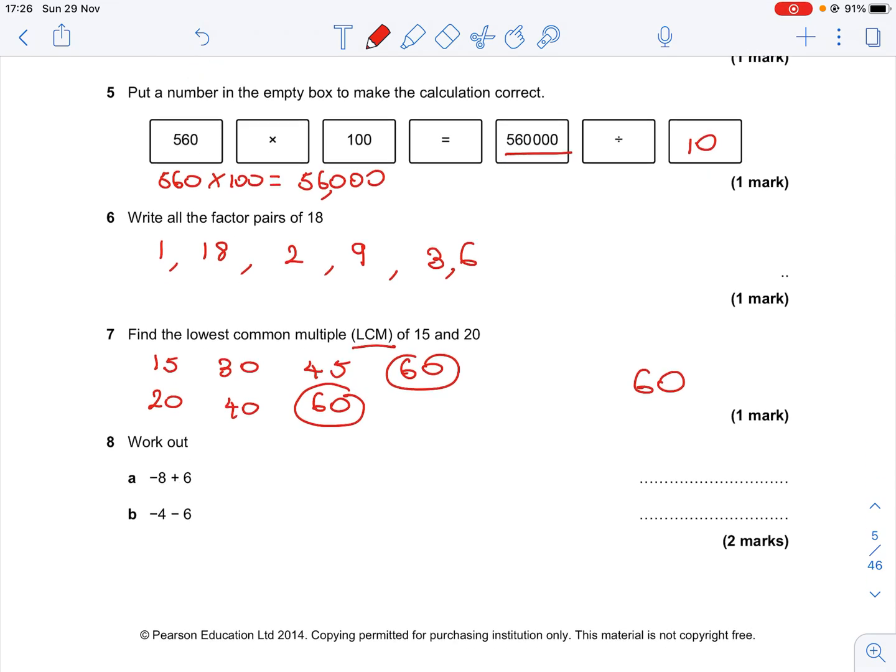Okay, work out. Again, we can use our number lines to help us with this question.